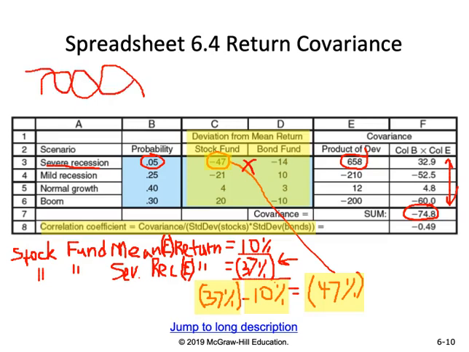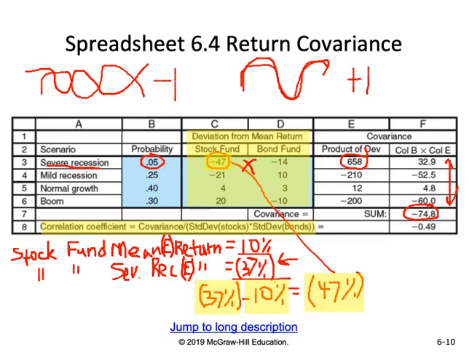That's perfect negative correlation. And if you had two return histories that tracked perfectly, then that would be a +1.